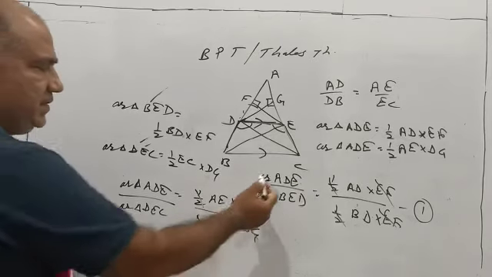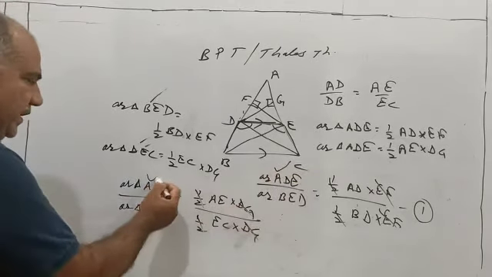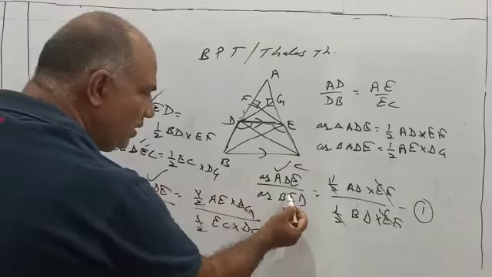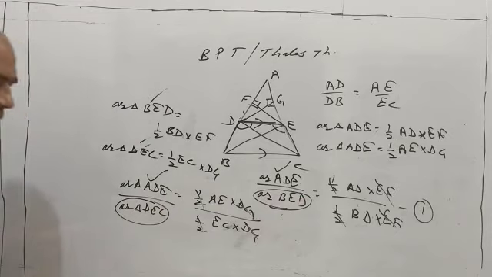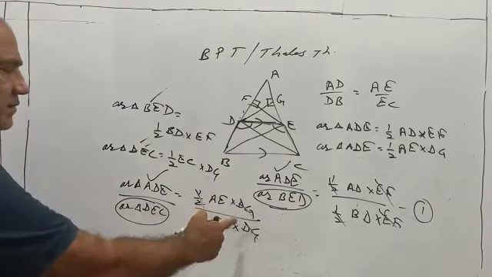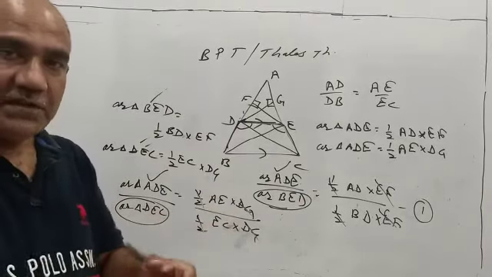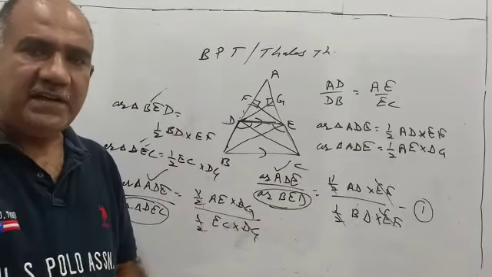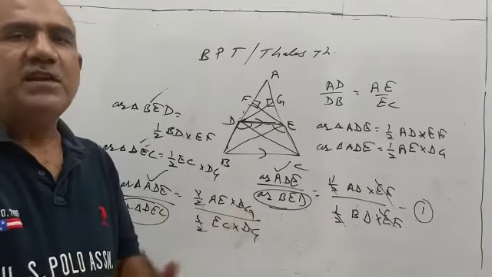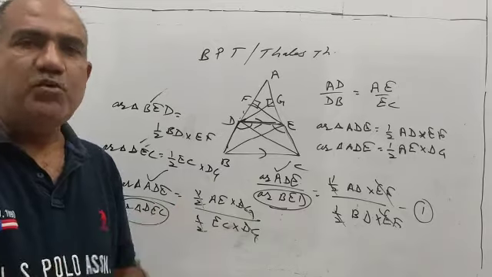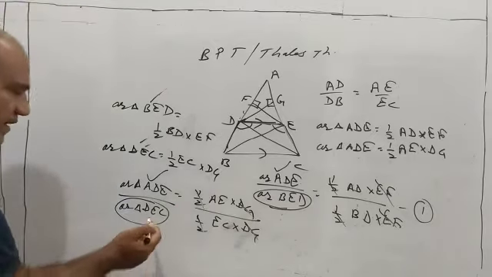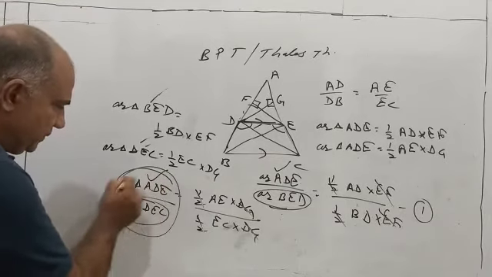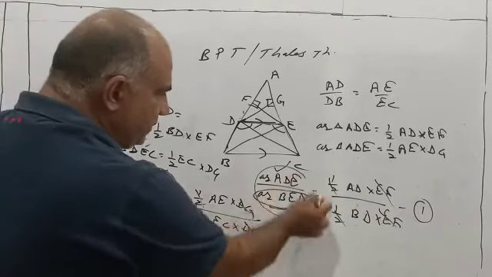Also we know that area of triangle BED is equal to area of triangle DEC, because these are two triangles on the same base and between the same parallel lines. That means their bases are same and their heights are also same, so their area is bound to be same, because the area formula is half into base into height.